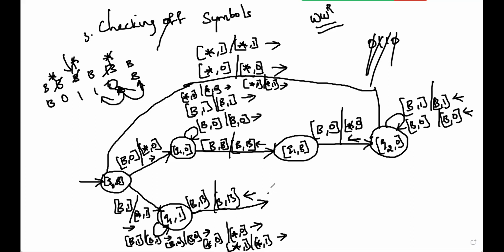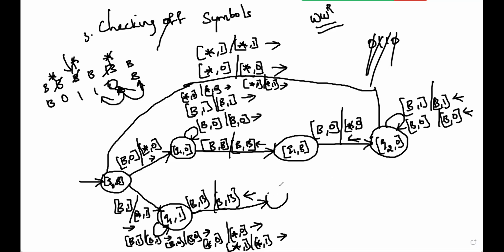Here we are going till that blank symbol. After reaching this blank, just move to left hand side. We have to skip this also, right? Star comma 0, star comma 1. If it is 0, I have to skip it. Then only you are having blank comma 1. That I have to remove.